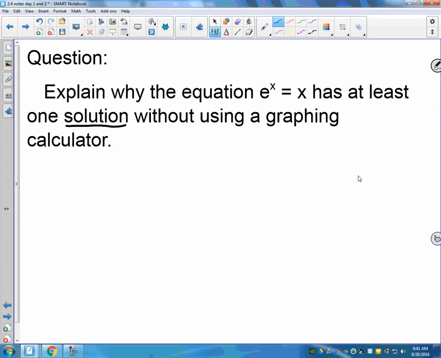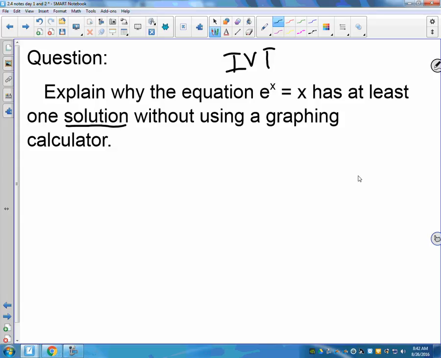So I gave you this because what did we end with yesterday? Do you remember that theorem? What's it stand for? Well, it's in the notes that you had in your binder somewhere. Intermediate value theorem.